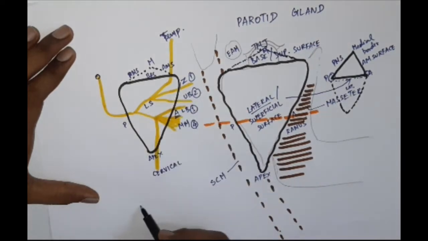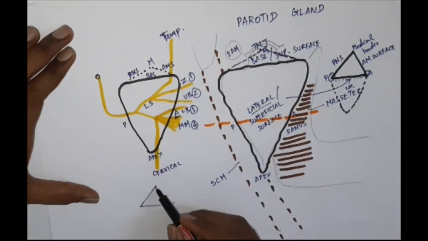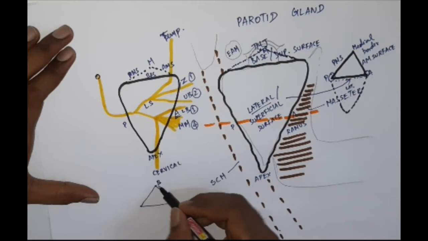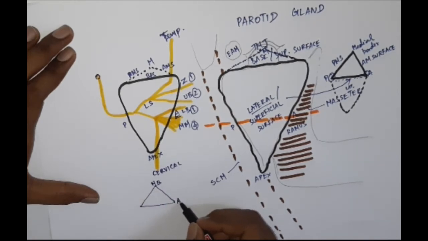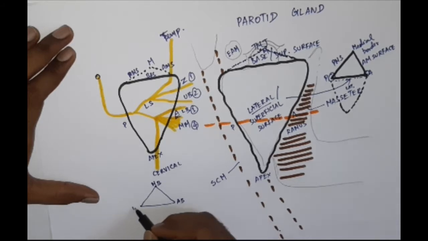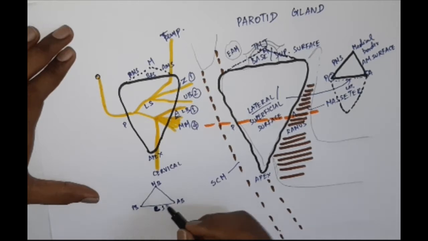Okay, so how you're going to see it again? I've said, make it as like a 3D. This is the medial border, this is the anterior border, this is the posterior border, this is the lateral surface.